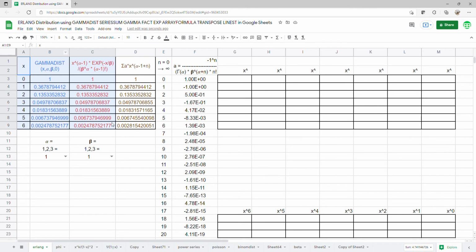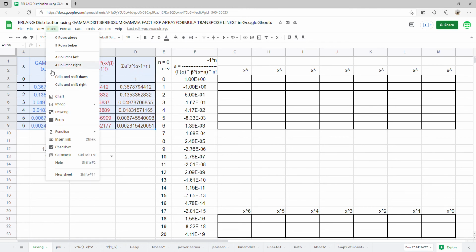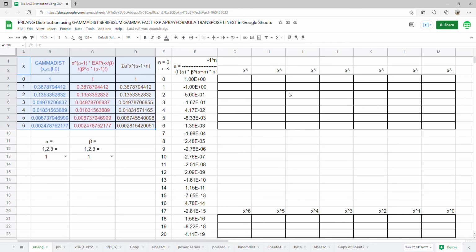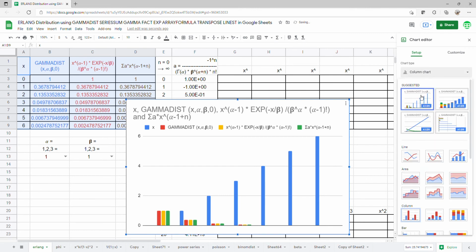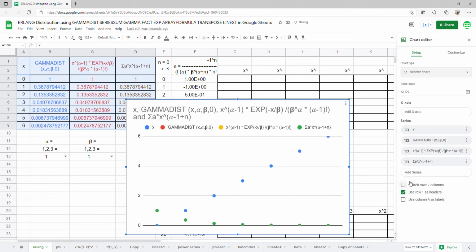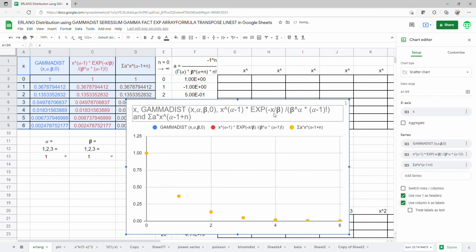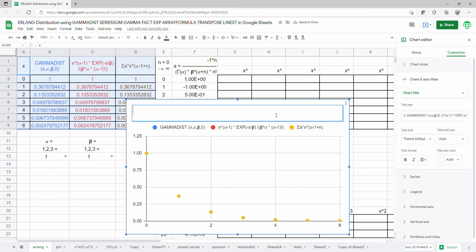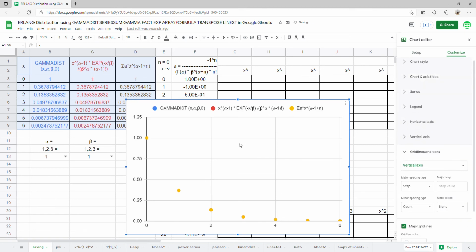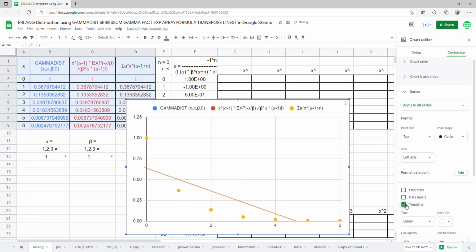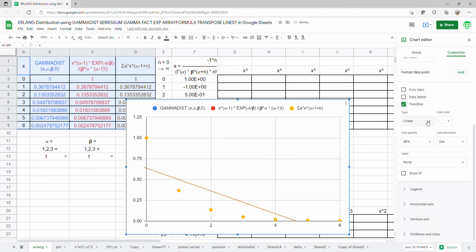We chart this. So insert chart, and we use scatter chart. Use column as label. We delete the title because we have the equation as label. For the series, show the trend line. The type, polynomial.